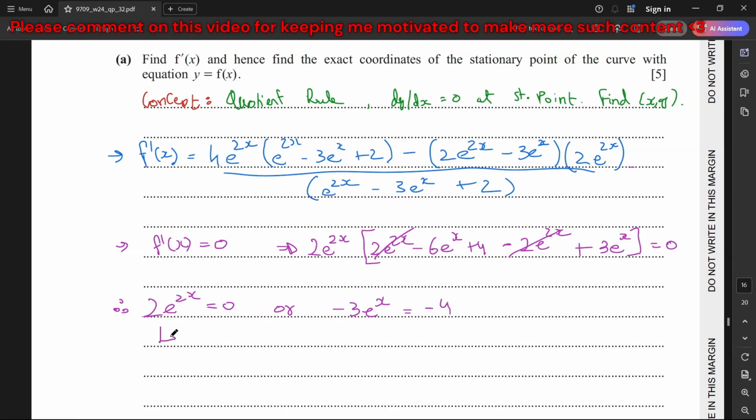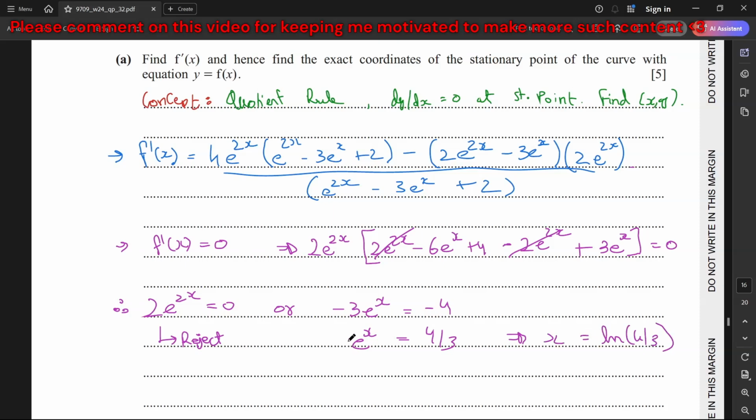So from here we can say that we are going to reject this, because to get the value of x I need to bring ln on both the sides, and ln of 0 does not exist. So we're going to reject this solution. And over here I'm left with e power of x is equal to 4 by 3, and therefore x is equal to ln of 4 by 3.